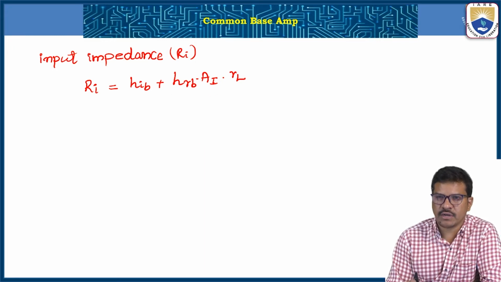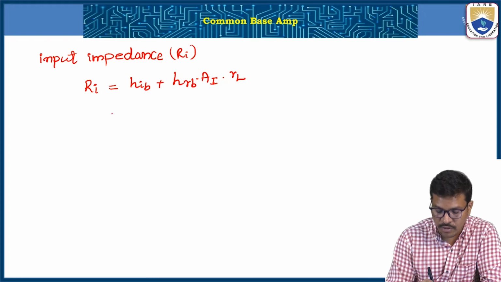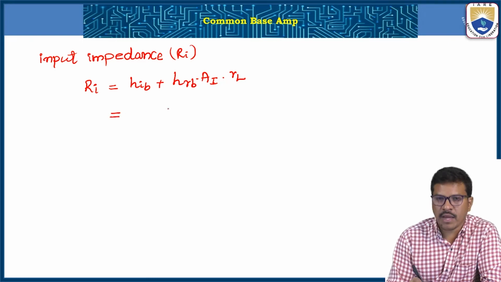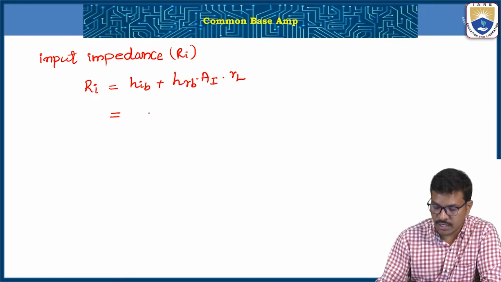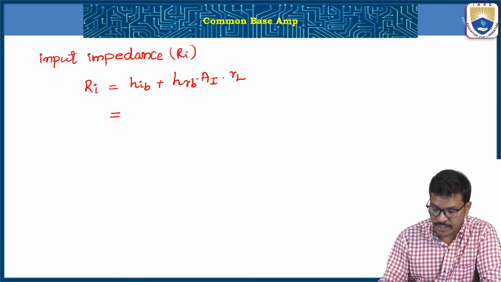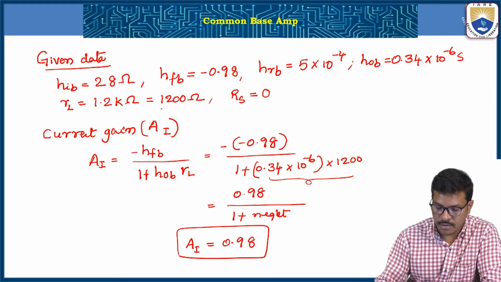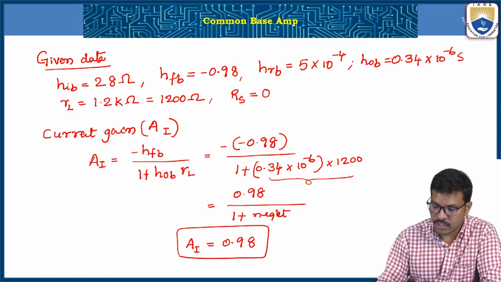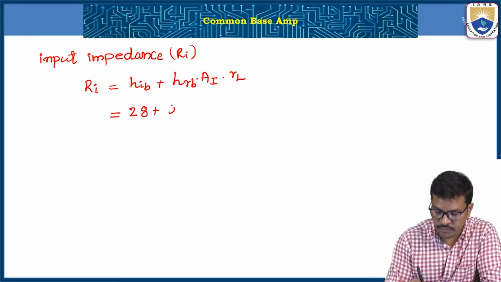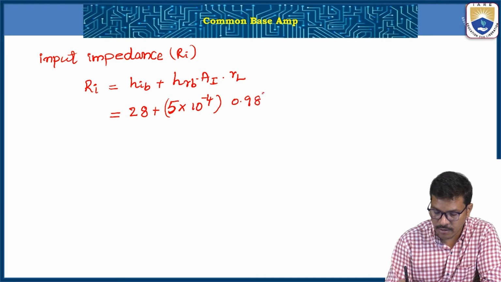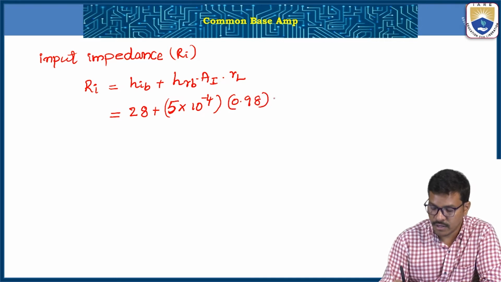In this expression, the second term in terms of current gain we already derived, and the remaining parameters are already given in the data. HIB is equal to 28 and HRB is equal to 5 × 10^-4. AI is equal to 0.98, and RL is 1200.